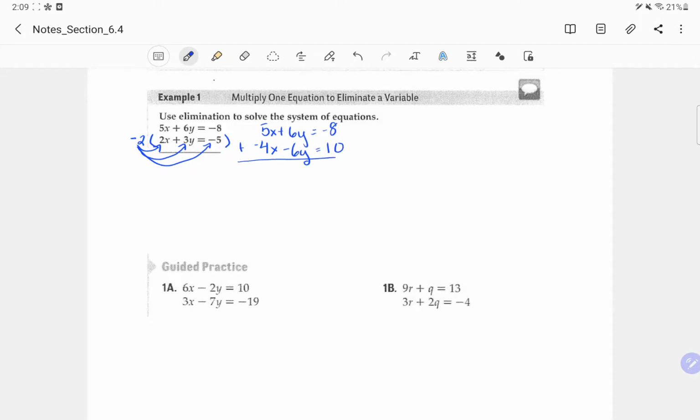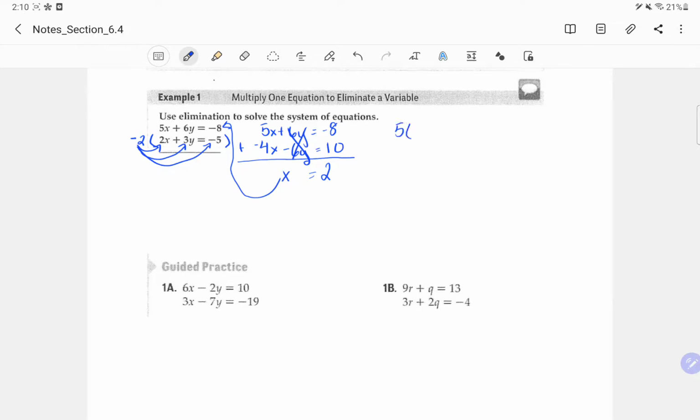Okay, so now we're going to add. 5x plus negative 4x would just be x. 6y minus 6y goes to 0, so we don't really need to worry about it. And then negative 8 plus 10 is 2. So x is equal to 2. Now I'm going to take this and plug it in here. You can plug it in either one. I'm going to plug it in there.